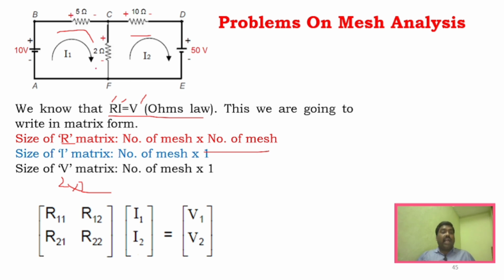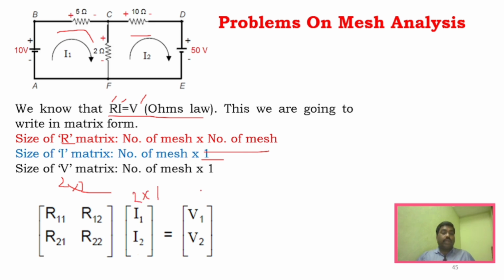Whereas the I and V will be only the number of mesh, number of mesh into 1. So here it's I1 and I2, and V1 and V2. Here it is a 2 cross 2 matrix, whereas here, sorry, it is 2 cross 1.